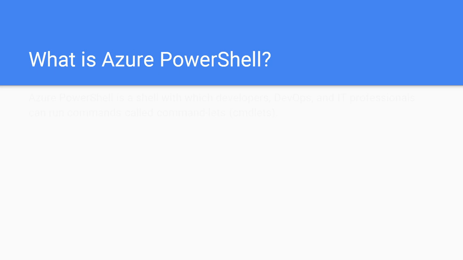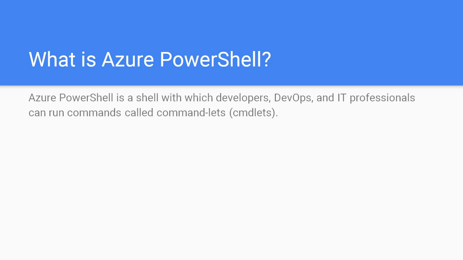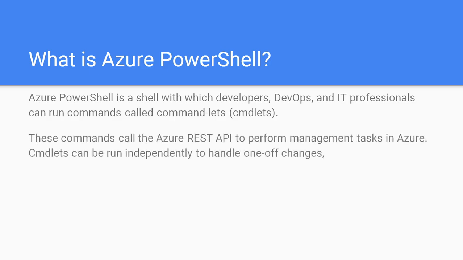Azure Cloud Shell supports both Azure PowerShell and Azure CLI, which uses Bash. So what is PowerShell? Azure PowerShell is a shell with which developers, DevOps, and IT professionals can run commands called commandlets, or cmdlets. These commands call the Azure REST API to perform management tasks in Azure.